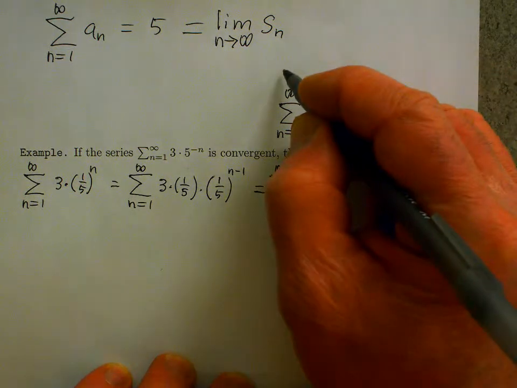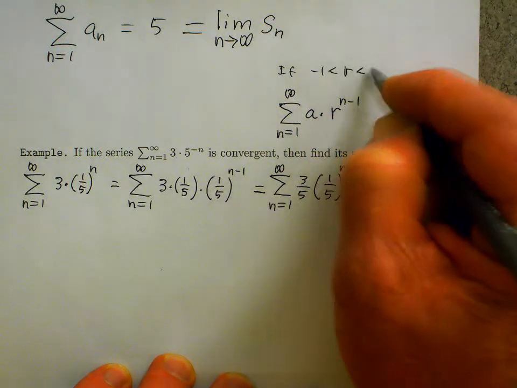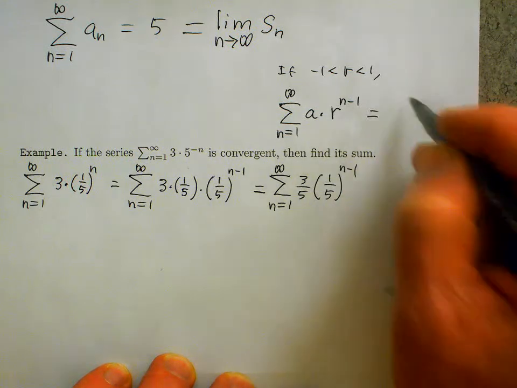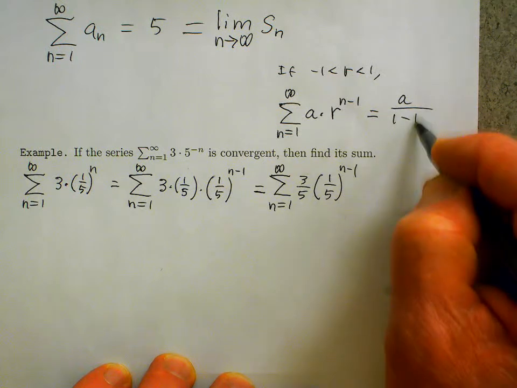So I'll just make a note of that. If -1 < r < 1, then this series converges to a divided by 1 minus r.